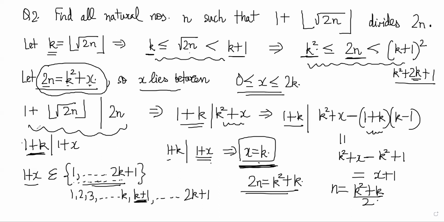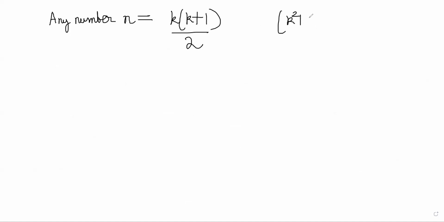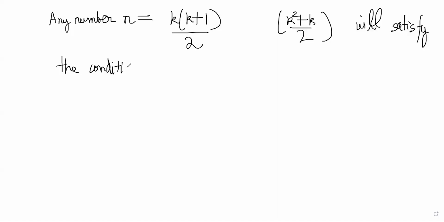And basically we are getting any number n of the form k into k plus 1 by 2, which is basically your k square plus k by 2, will satisfy the condition that 1 plus GIF of root 2n divides 2n, right?